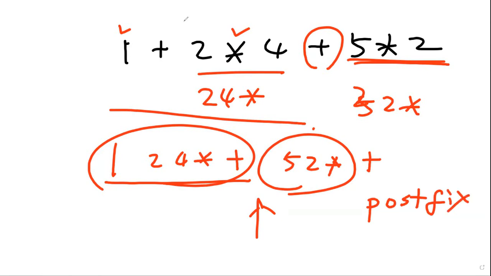So let's see what's the advantage of having the postfix. Let me erase it. The original expression is 1 plus 2 times 4 plus 5 times 2. That's the original infix. Now I translate to postfix.